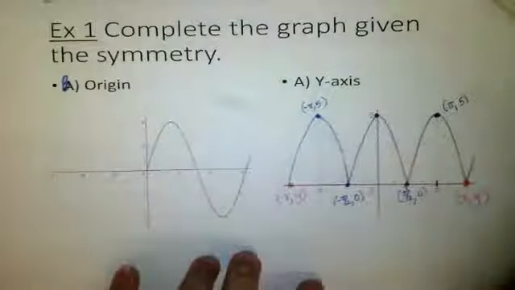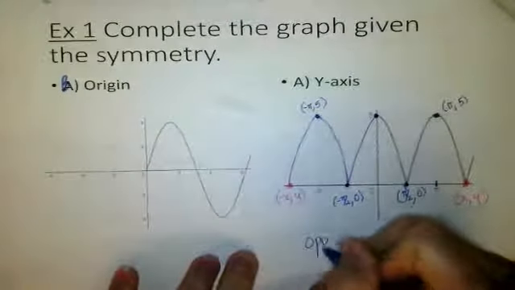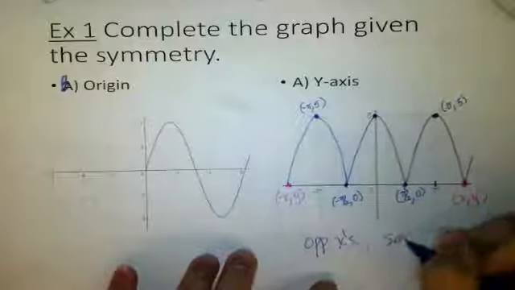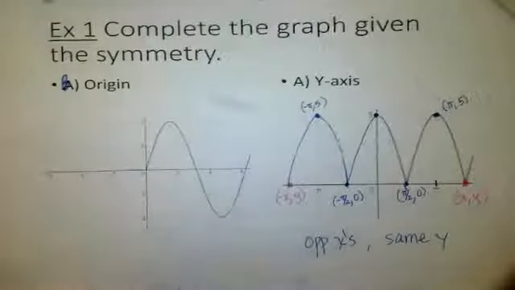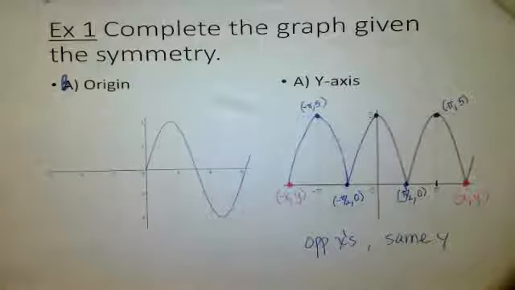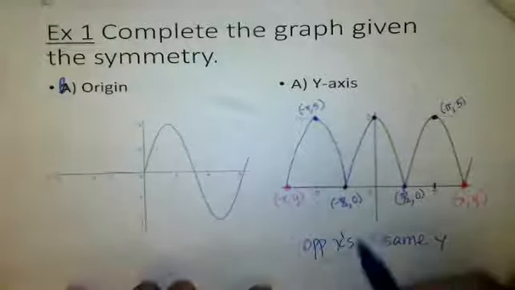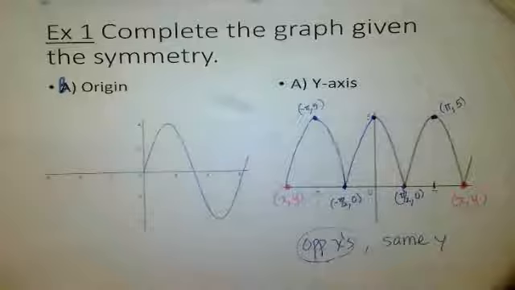You'll notice we have opposite x's, but the same y. If you're trying to prove something is symmetric with respect to the y-axis, what we do is use an opposite x in the equation and see how it works out. So that's kind of interesting.